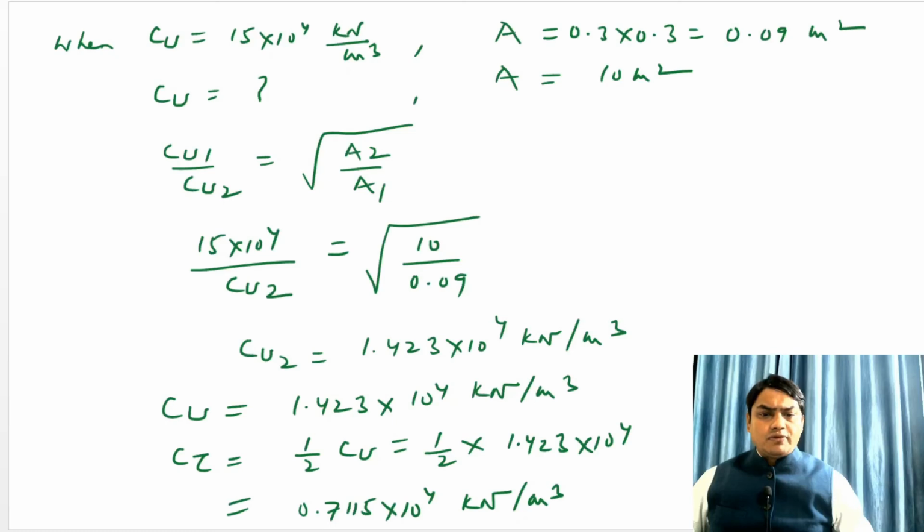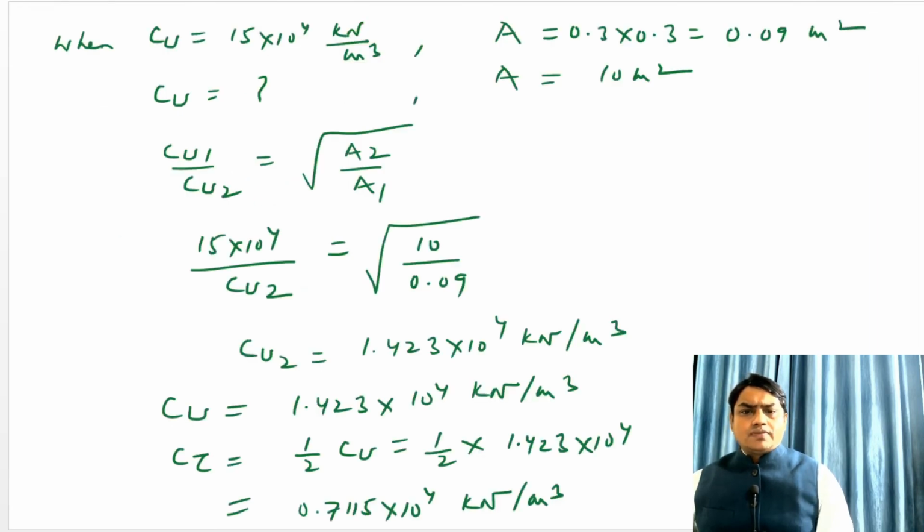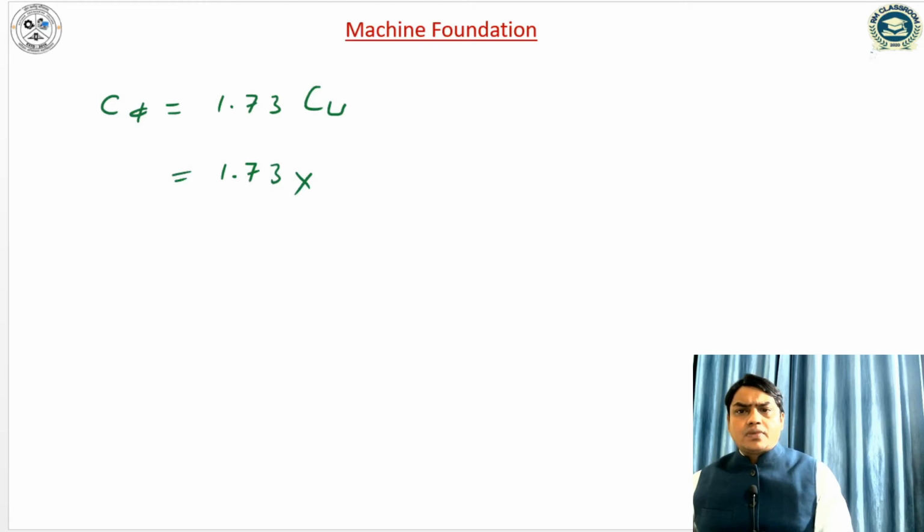So if I compute the value of C5, C5 is equal to 1.73 Cu. So it will be 1.73 into Cu, which is 1.423 into 10 to the power 4.